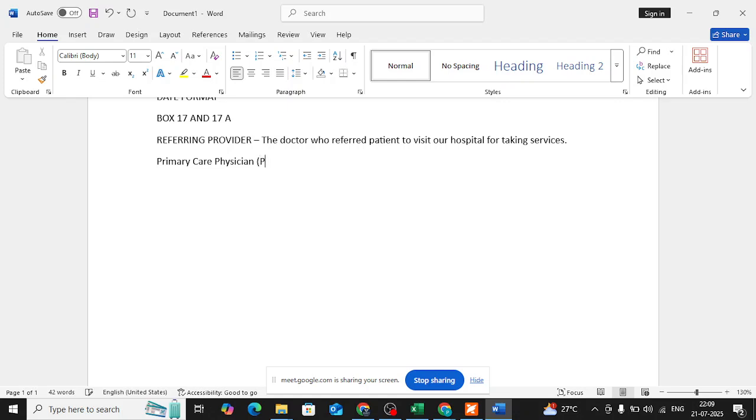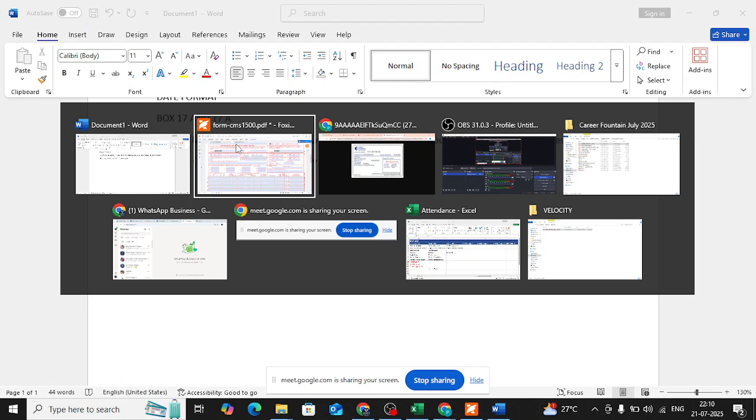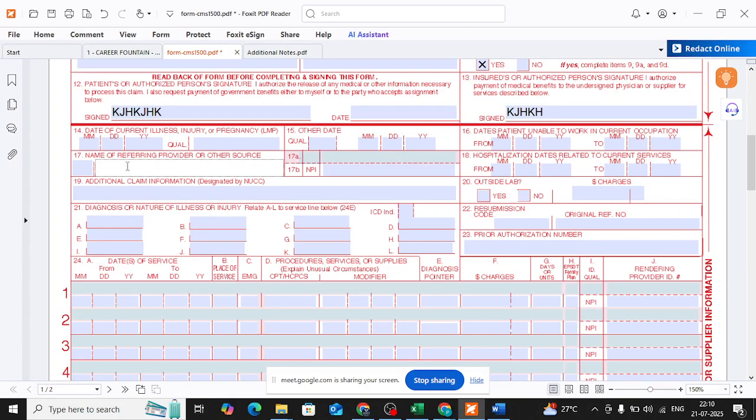We can remember it as a family doctor, who provides basic services, who is not a specialist, who is a degree holder. So referring provider most of the times means the family doctor who is the primary care physician for that patient, and we have to enter his name here in box number 17.